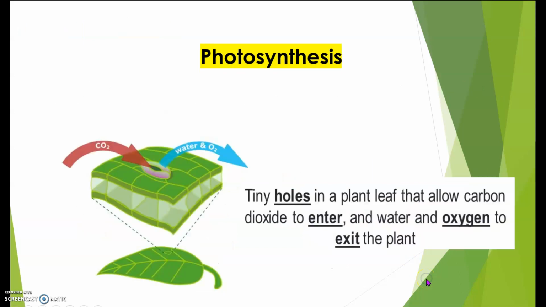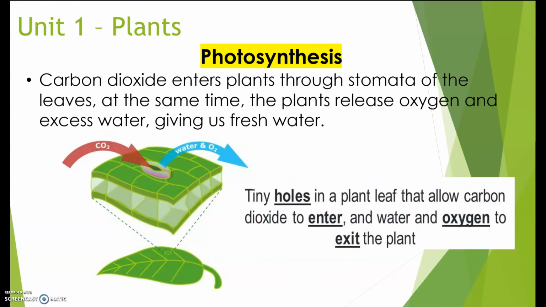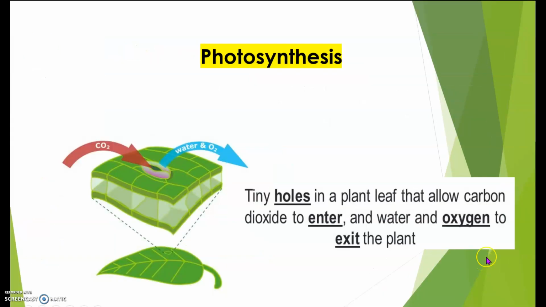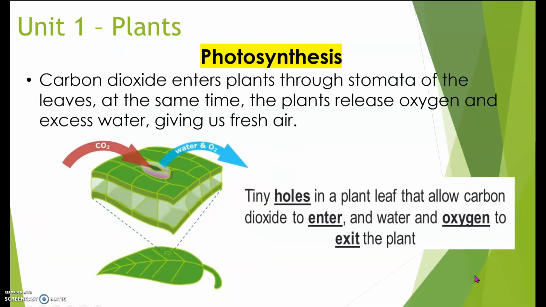Okay, next, repeat after me. Carbon dioxide enters plants through stomata of the leaves.